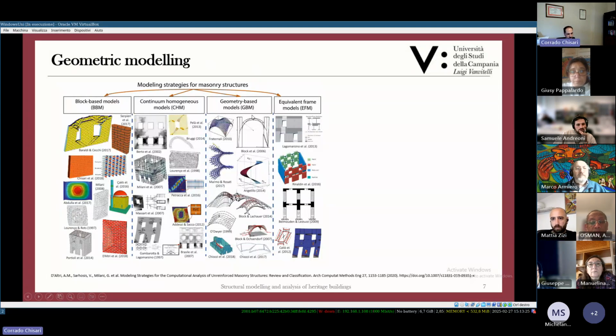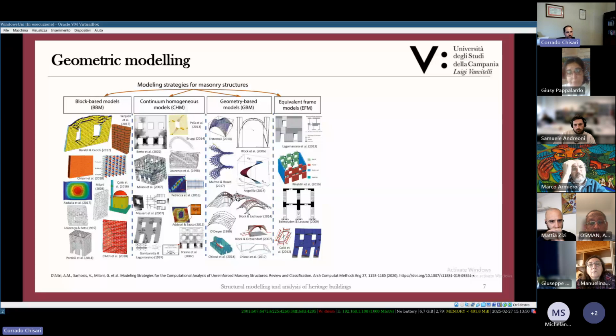Third type of approach is just to consider the geometry, because very often masonry structures, think of a staircase like this, or a vault like this, work because of the geometry, because of the way in which the geometry is built.